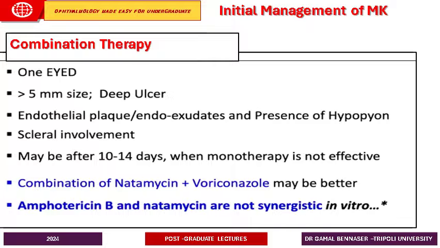The usual regime is the combination of natamycin with voriconazole, or amphotericin with voriconazole. The combination of amphotericin and natamycin is not advisable as they are not synergistic, and they belong to the same group, that is the polyene group. So for the combination therapy, we mainly add natamycin along with voriconazole.